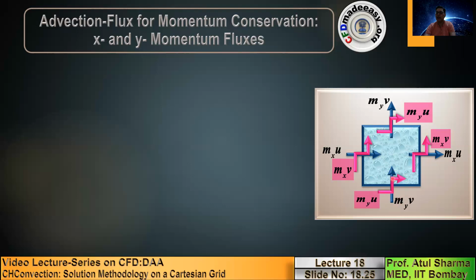That has been shown here like zigzag arrows. So note that this u velocity is an advected variable, which is driven by this my, and it is expressed by the zigzag arrows.